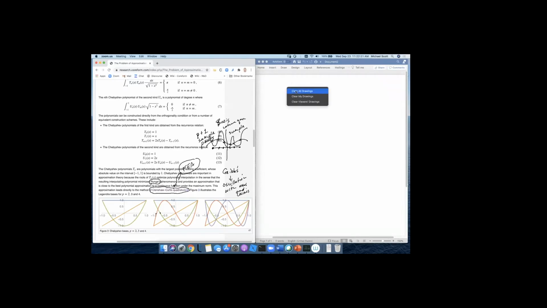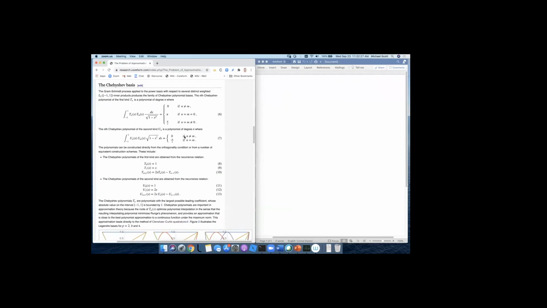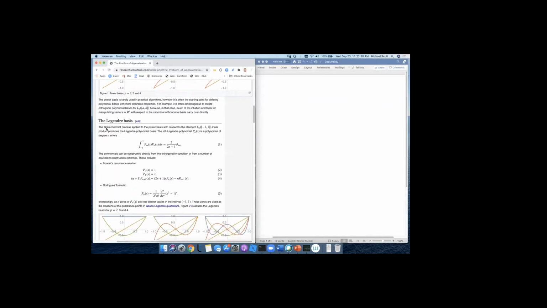Okay. So I don't know if there's much more I want to say about these orthogonal polynomials, which again, just to reiterate, you construct from the power basis by picking an inner product and then applying Gram-Schmidt, which is described in the mathematical preliminary section.